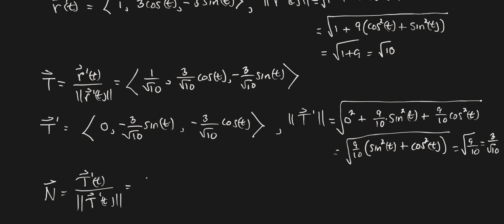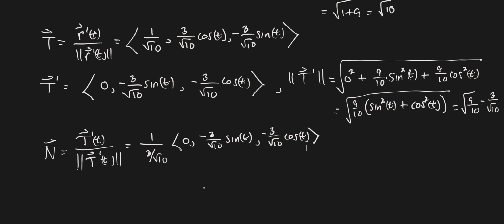Another way to express this is 1 over the magnitude, which is 3 over root 10, times the vector that we're normalizing, which is 0, and then negative 3 over root 10 sine of t, negative 3 over root 10 cosine of t.